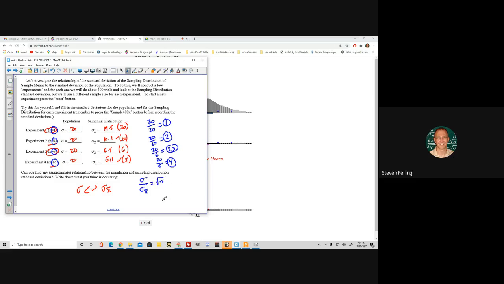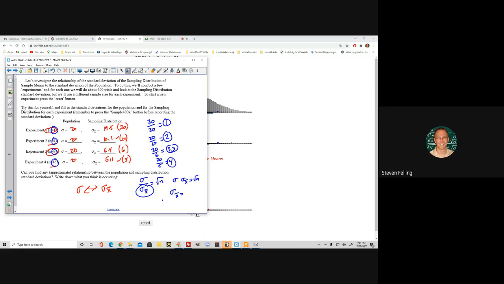Does that make sense? Or if I wanted to solve that for this, I could multiply both sides by this and get that sigma times sigma x bar is the square root of n, and therefore sigma x would be, let's see, that's not right.